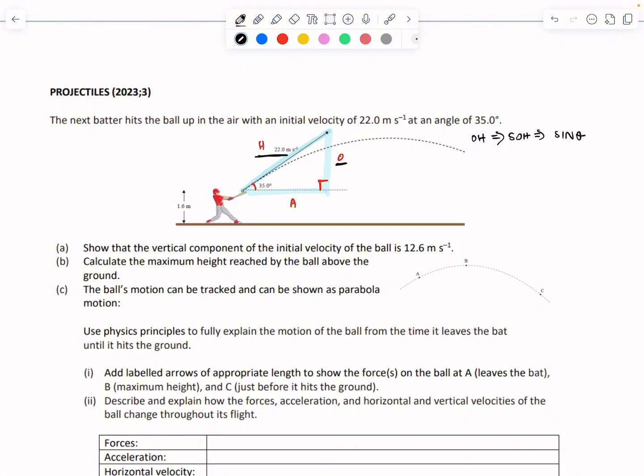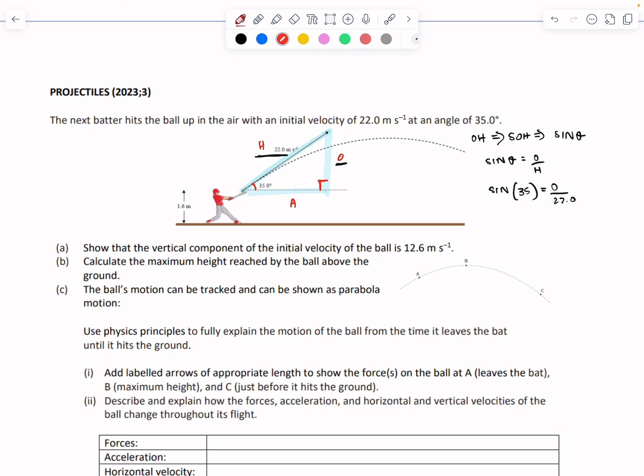The equation for that is sine theta equals O over H. Substituting everything in, we've got sine 35 degrees equals opposite over our hypotenuse, which is 22.0.